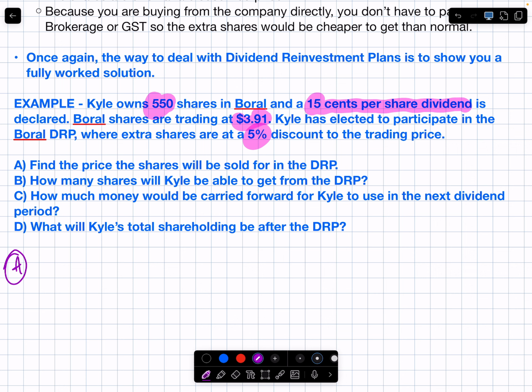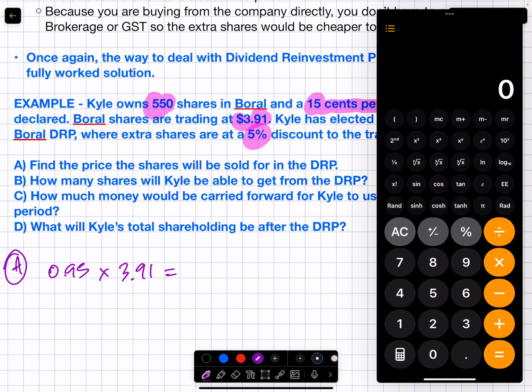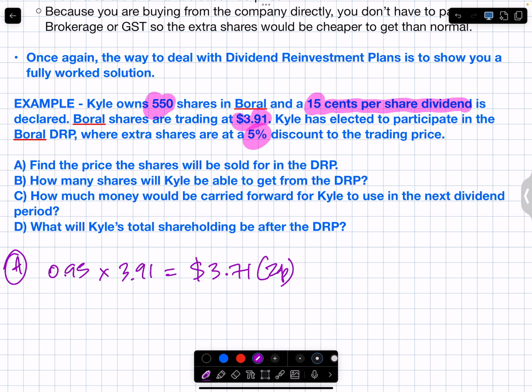If something is less 5%, how many percent is it? 95. So you can go 0.95. Find 95% of $3.91. 0.95 times 3.91. They're going to offer it at $3.71 to two decimal points. That's the cheaper price.